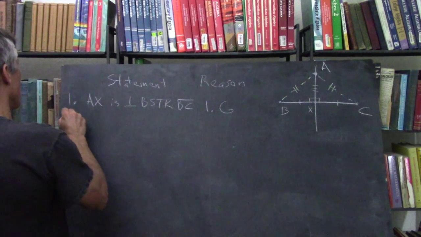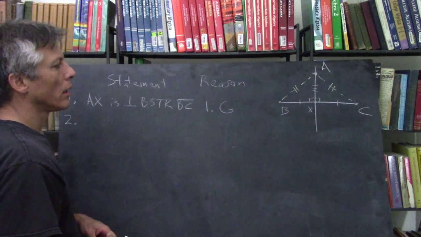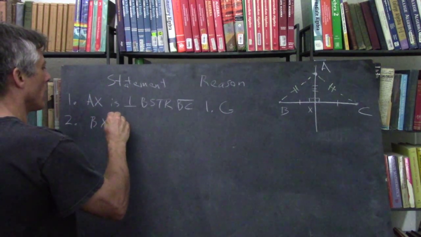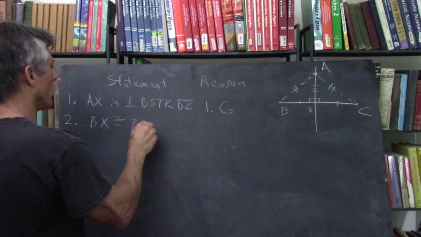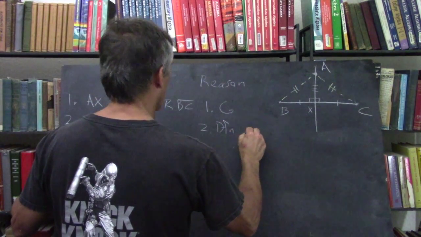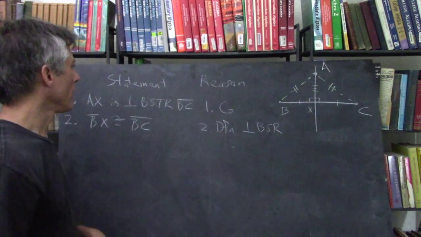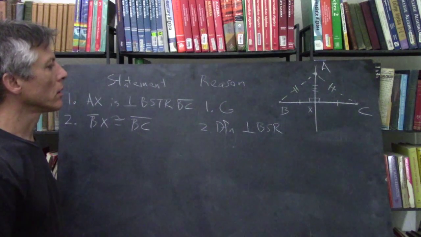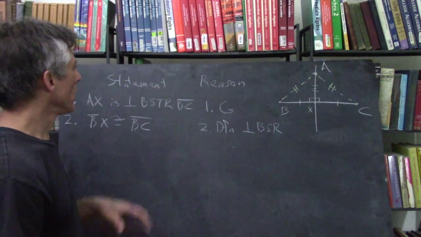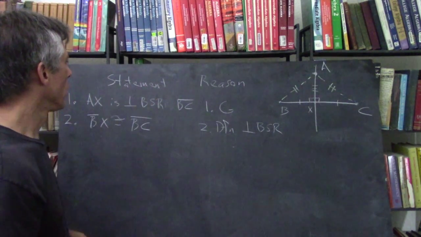Okay, and as a result, we know that BX is congruent to BC. Definition, perpendicular bisector. I'll just abbreviate it like that or like that, whatever. Go this a little further apart from the BC.